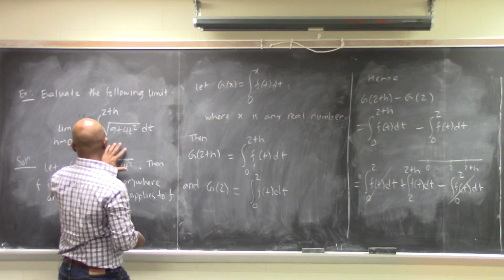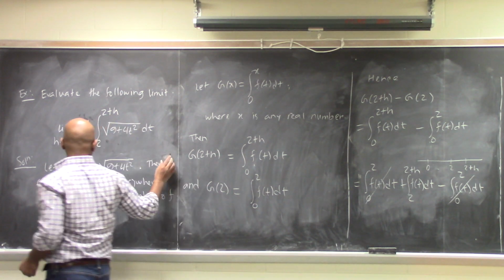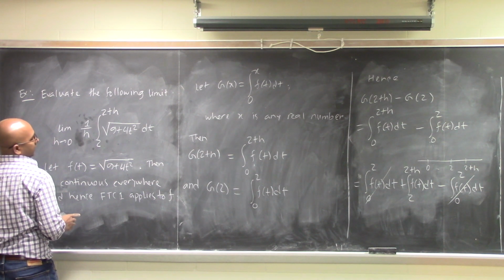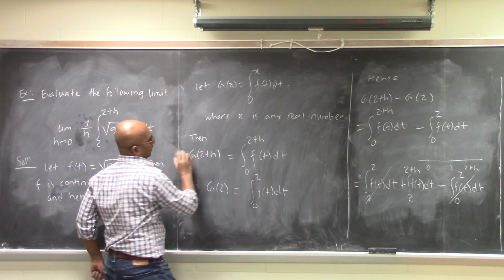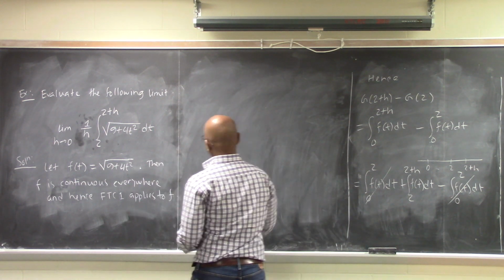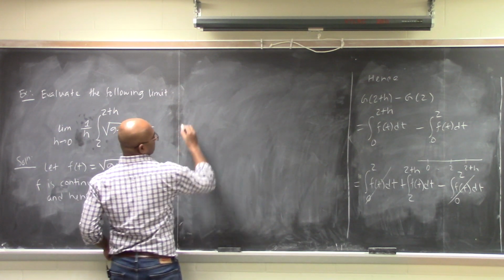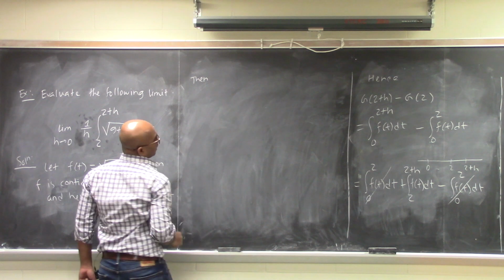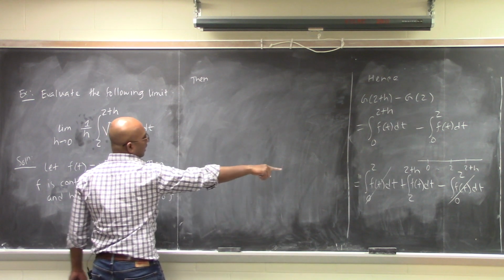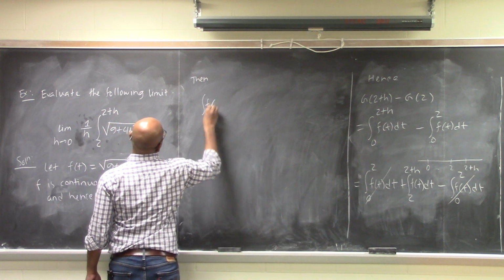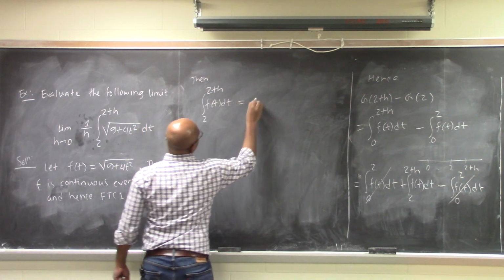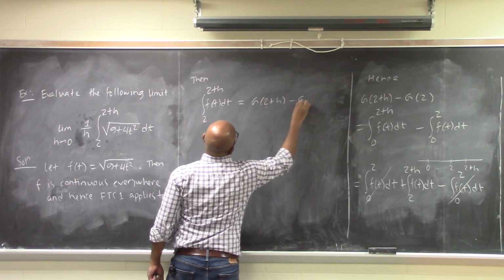I want to keep this for a while, so I will write it over here. Then if I divide, I will write the right hand side first. That means integration of f from 2 to 2 plus h equals g of 2 plus h minus g of 2.